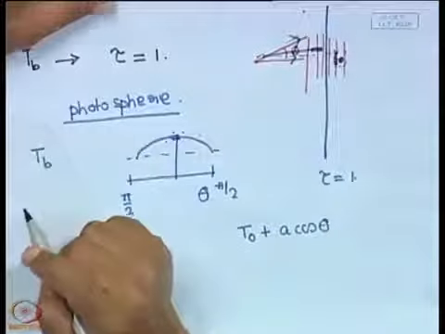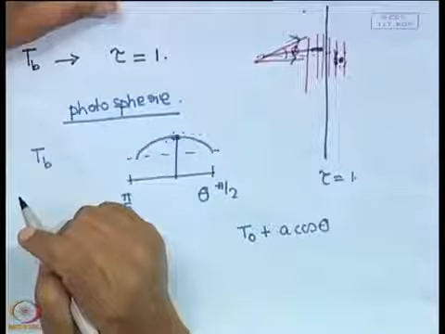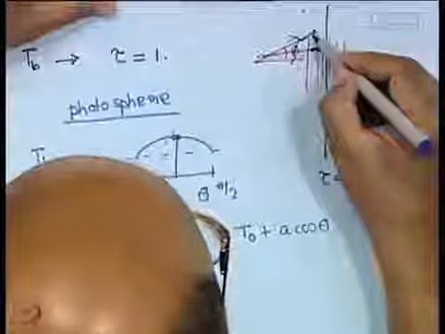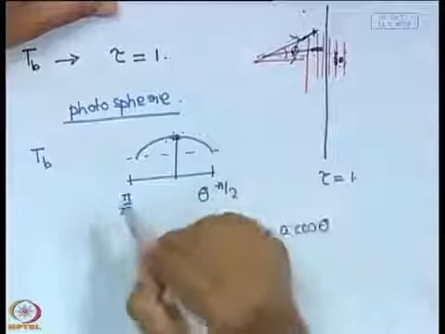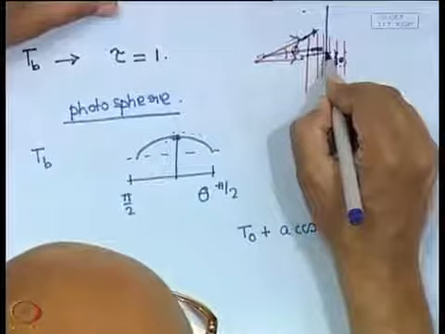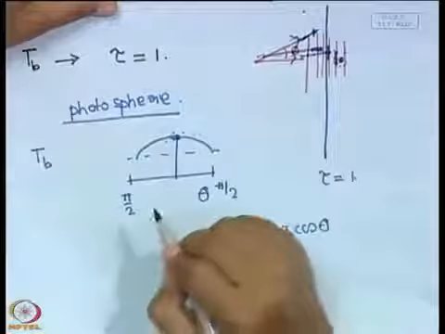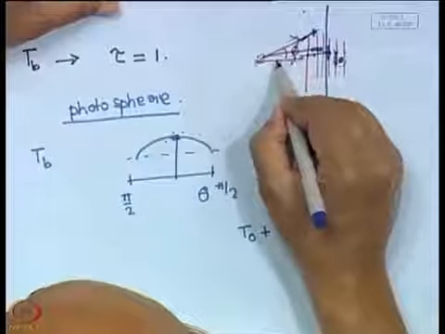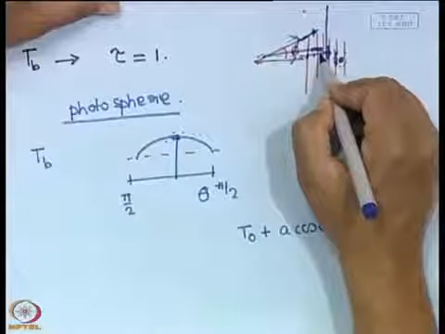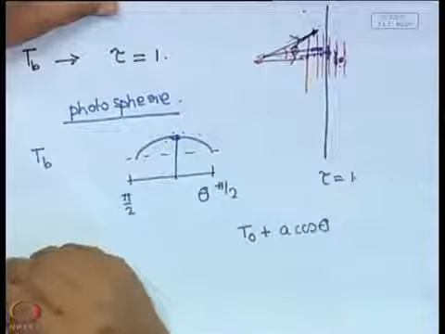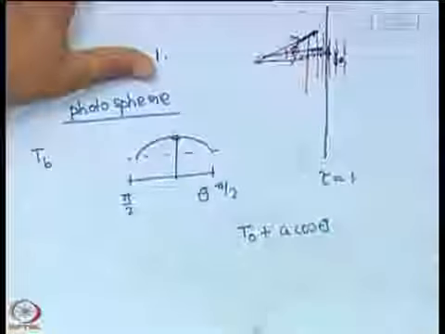And why is that so? That is so because optical depth 1 is reached at a much shallower place, whereas here you are going straight in, so optical depth 1 is reached much deeper, and since the temperature increases inside, if you look straight in, you are looking at a much hotter part. If you look at an angle, you are looking at a cooler part. Okay, I hope that picture is clear.